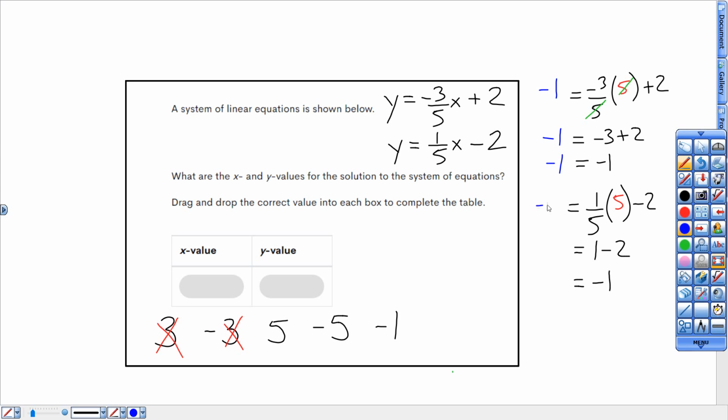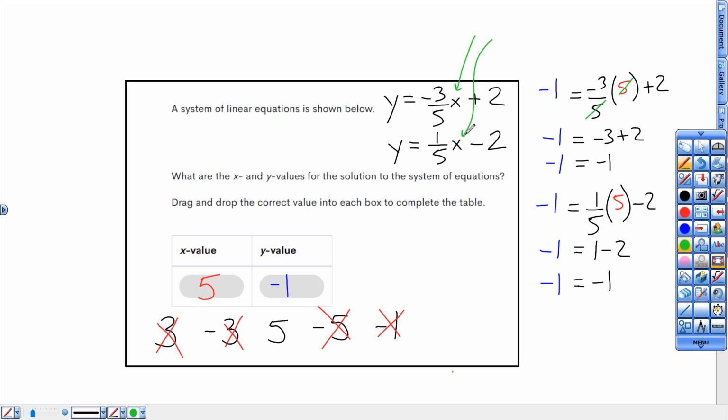So for that bottom equation, when I plugged in that same 5, it gave me -1 for y. So that's the magic pair. None of these other ones would have worked, I promise. The x value was 5 to make this combination work, and the y number is -1. When I plugged in 5 for x into both equations, it both spit out -1 for y.